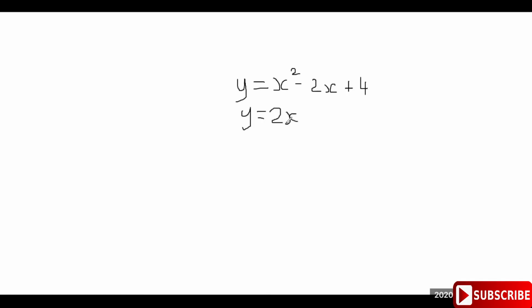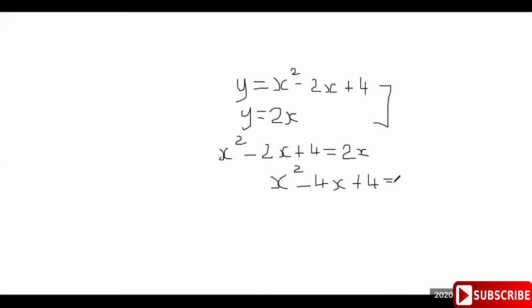So now that they want the relationship, what we need to do is just solve them simultaneously to find what's happening. So x squared minus 2x plus 4 must be equal to 2x, because y must be equal to y. So we equate these two. And so when we subtract 2x from both sides, we get x squared minus 4x plus 4 is equal to 0.